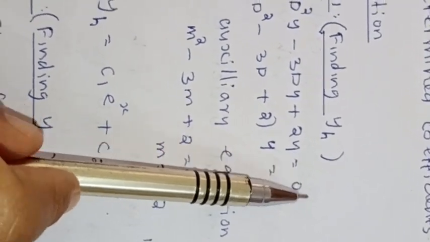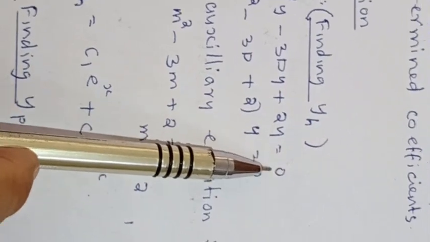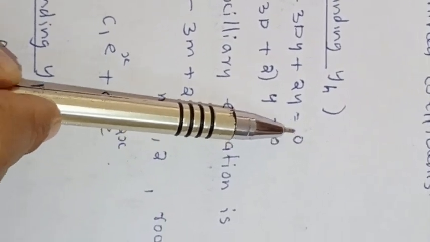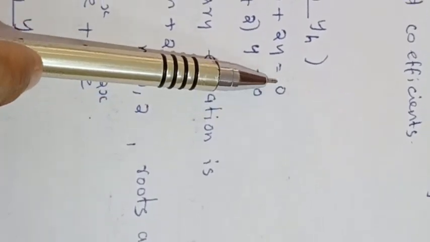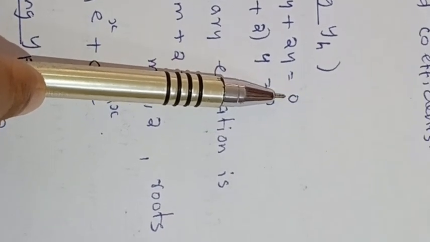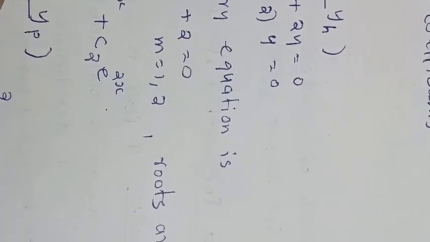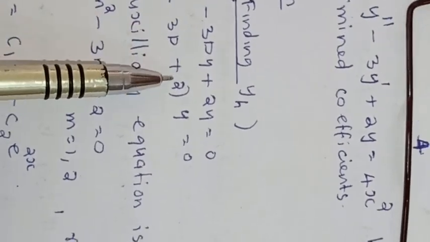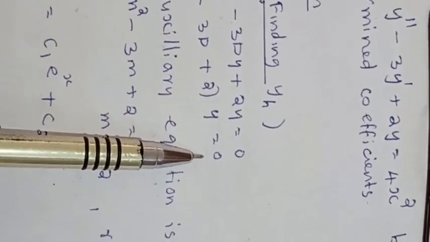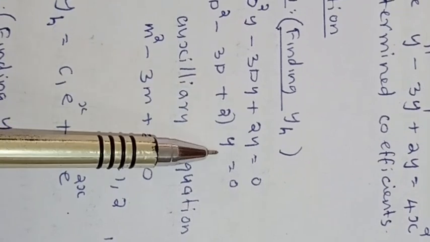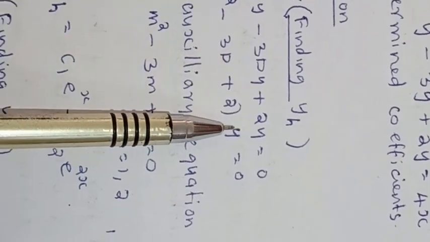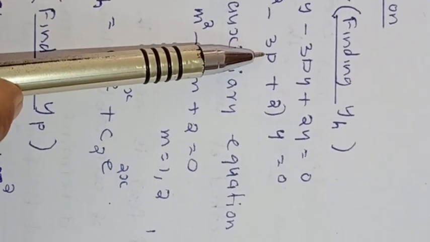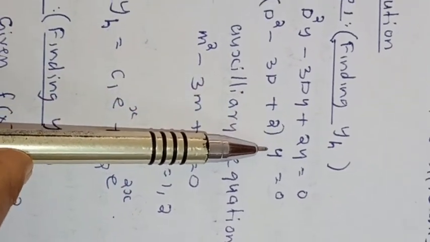You consider this as a homogeneous type, so in the place of 4x square you write 0. Since y is common, you write D square minus 3D plus 2 into y is equal to 0. Always remember to write y at the end of the operator.